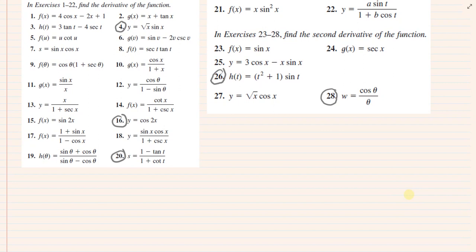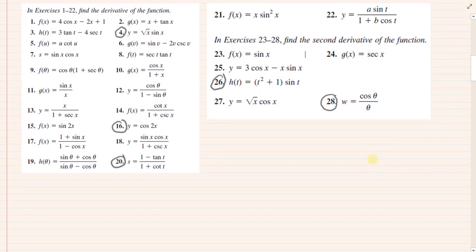Okay, let's take a look at exercise number 4. In all of these exercises, we want to find the derivative, except 26 and 28, which ask for the second derivative. So we'll work our way to that one. Let's begin with exercise number 4. The expression is y equals square root of x times sine x.